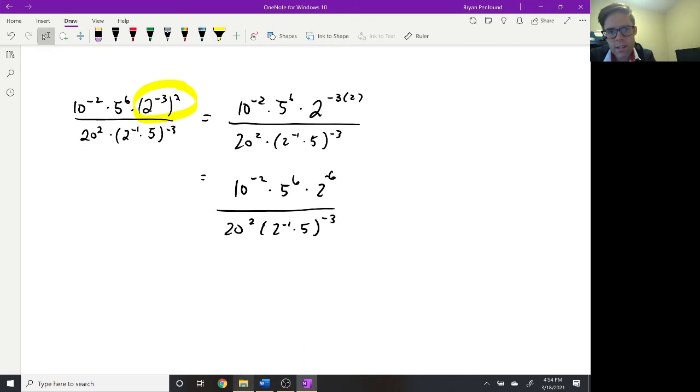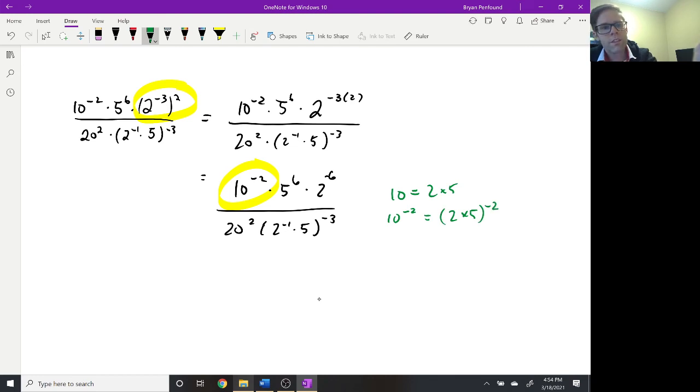So this 10 to the negative 2 is a little bit of an issue because it's not broken down into 2s and 5s yet. But we know that 10 is equal to 2 times 5. So 10 to the negative 2 should be 2 times 5 to the negative 2.